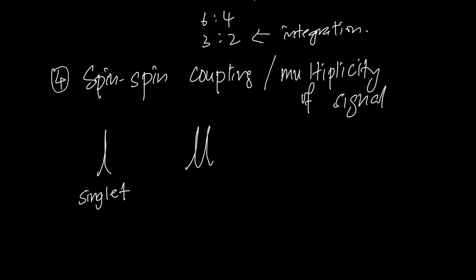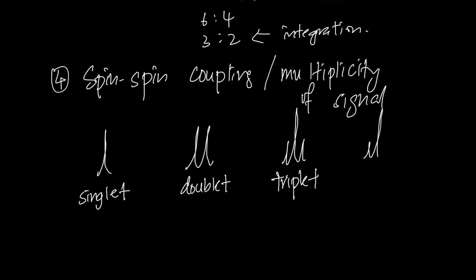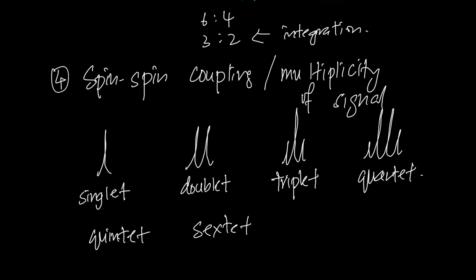When it is split into two fine lines, it is called a doublet. When it is 3, then it's a triplet. When it is 4, it is a quartet. Then you have 5, 6, 7: for 5 it is a quintet, 6 is a sextet, 7 is a septet.